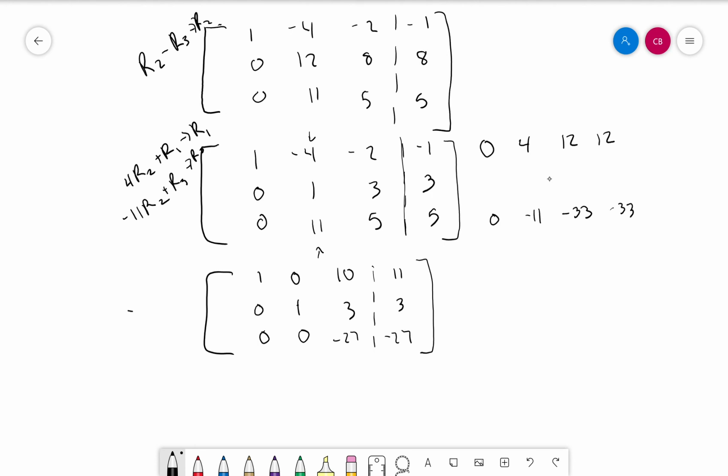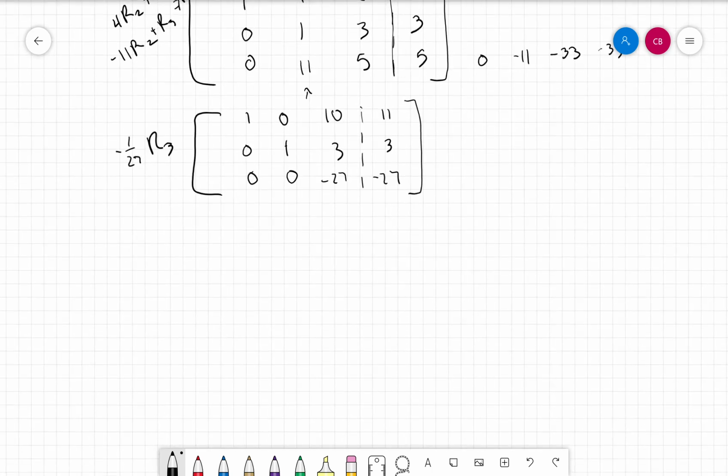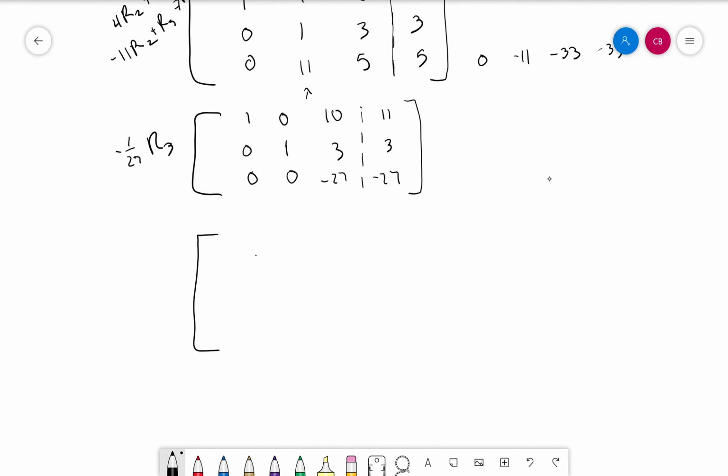Okay, so let's do negative 1/27 times row 3. We're just dividing by 27, negative. That gives 1, 0, 10, 11, 0, 1, 3, and 3, 0, 0, 1, and 1. Okay, so that's good.